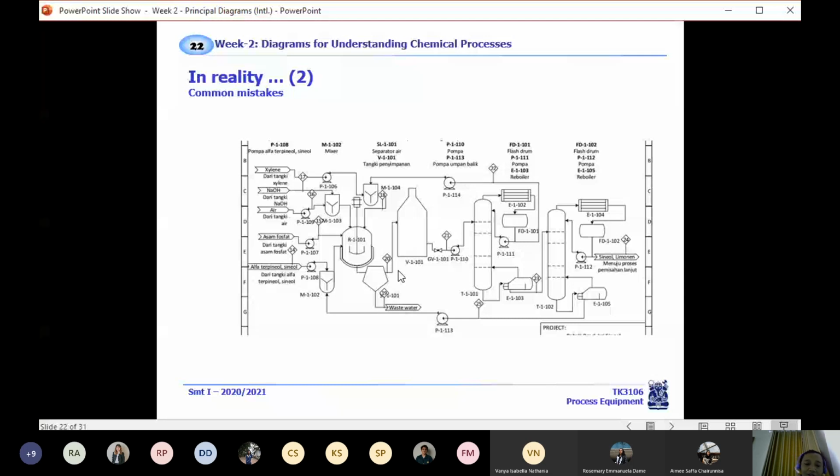Second, it's correct: there is no information related to the table of the PFD. But this one is much better compared to the previous, although there is still something missing. First is still the heat exchanger. We don't know whether we would like to heat up or cool down.